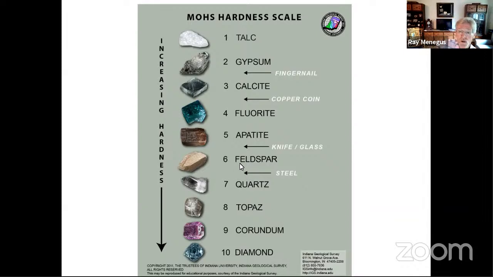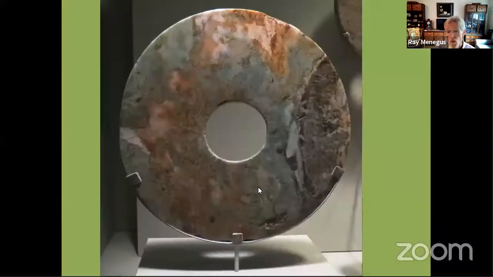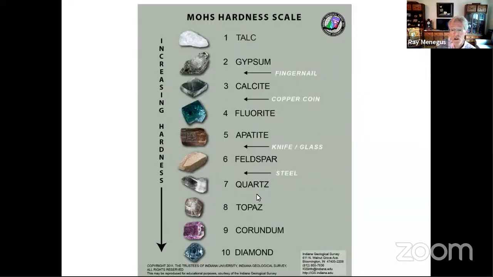Jade falls somewhere between a 6 and a 7 on this scale. So if you're going to work jade and abrade jade and turn it into a refined work of art, you're going to have to abrade it with something harder, like quartz or corundum or diamond.